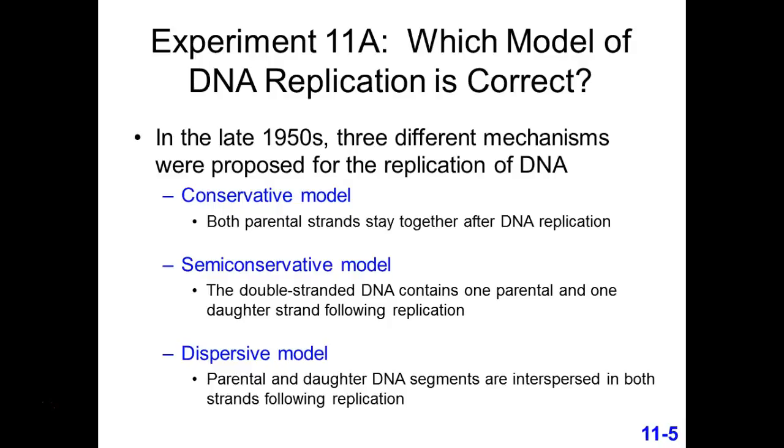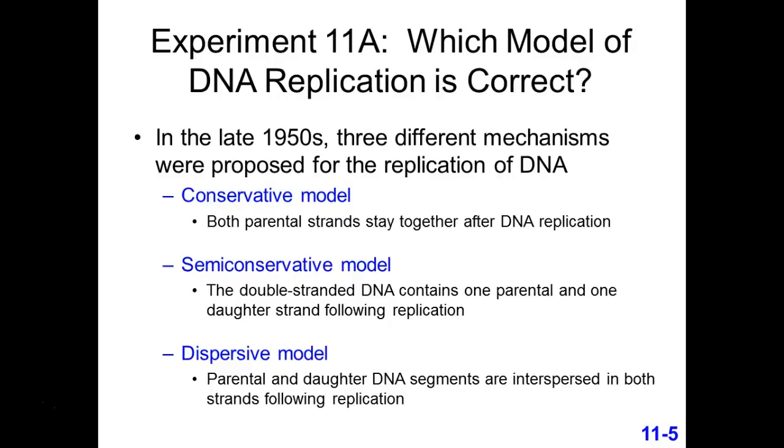So in the 1950s, we knew the structure of the DNA, but trying to figure out how it actually copied itself, how it became replicated. There were three theories, actually, where both parent strands stayed together after the DNA replication.